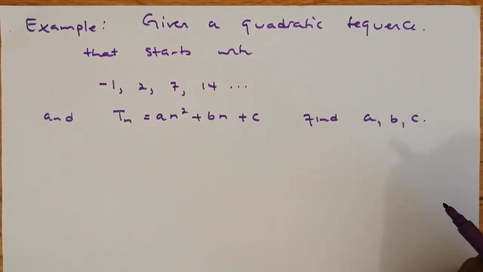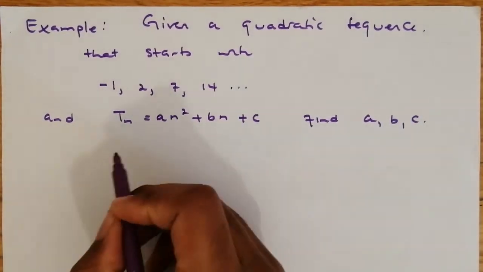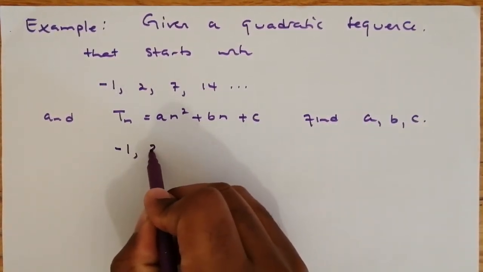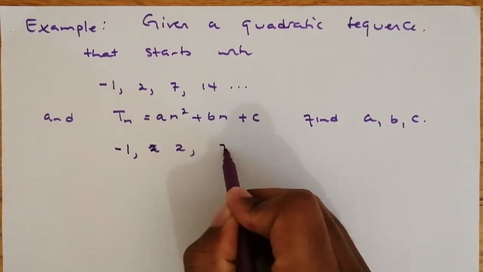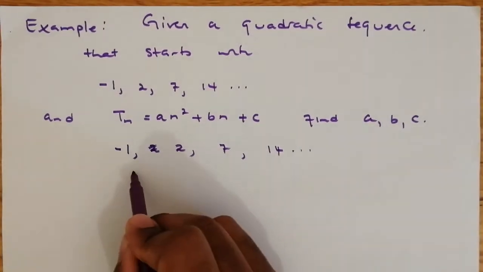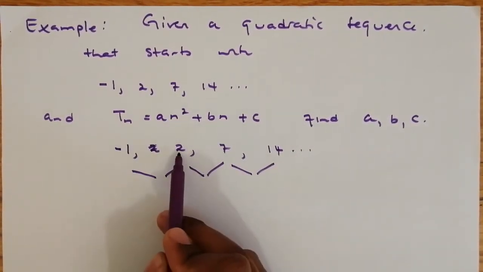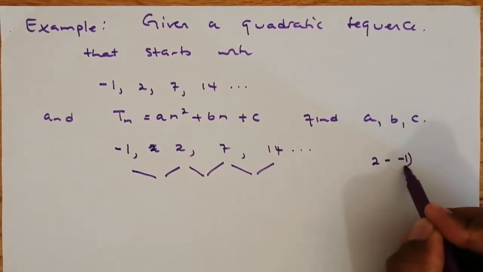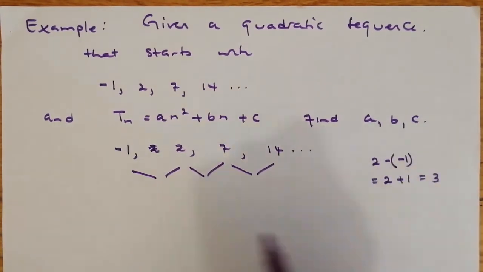First and foremost, guys, we know that a quadratic sequence has a constant second difference. So our sequence starts with -1, 2, then 7, then 14, and then it continues. So we're going to find the first difference between these terms. 2 minus -1 is 2 plus 1, which is 3.